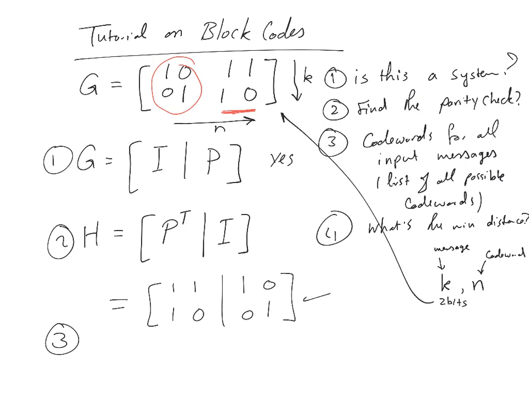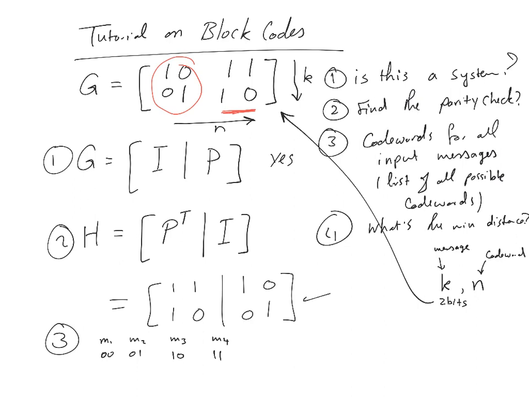From what we see here, because this generator matrix has only 2 rows. So if the input messages are 2 bits, what are all the possible inputs? So all the possible inputs are M1, M2, M3, and M4, and these are 00, 01, 10, 11.